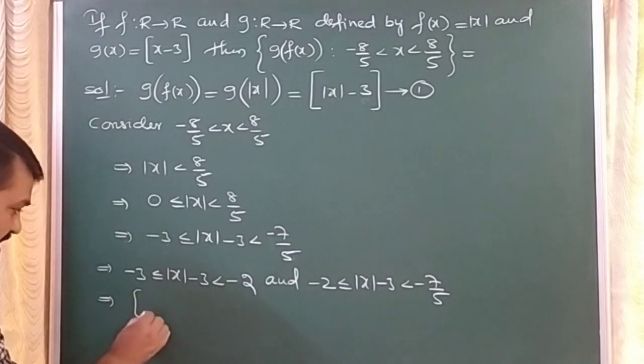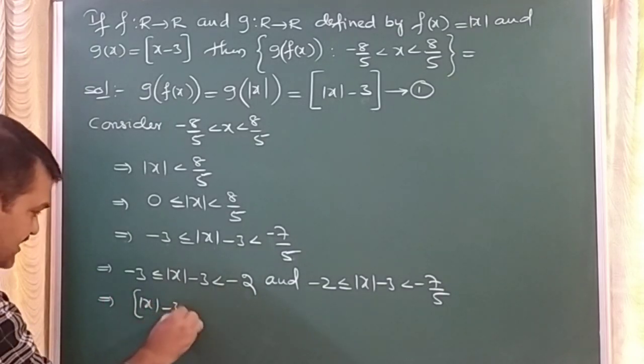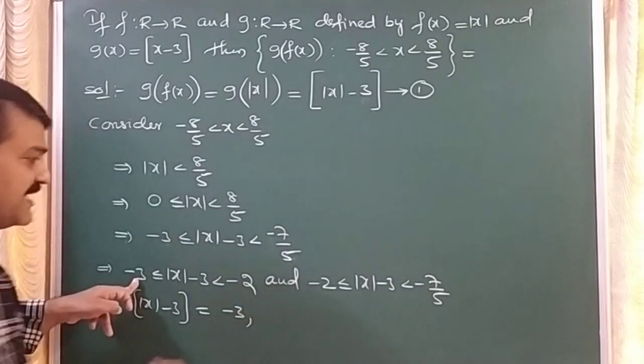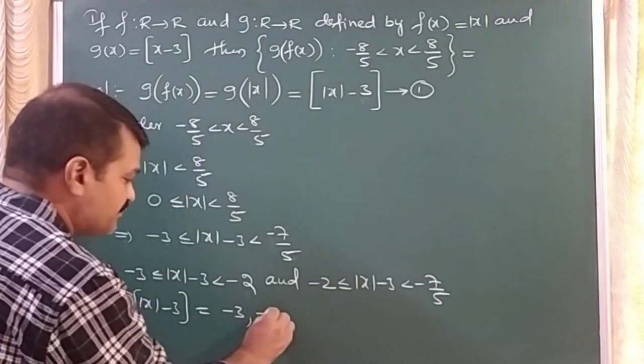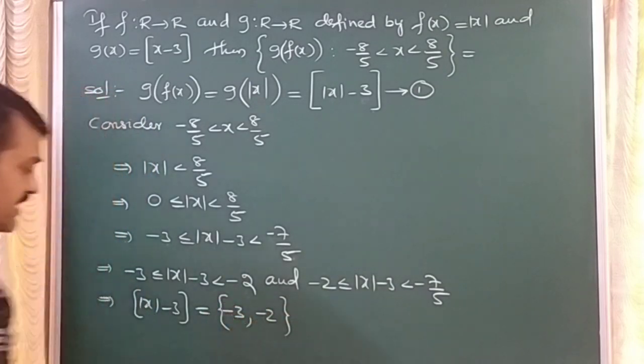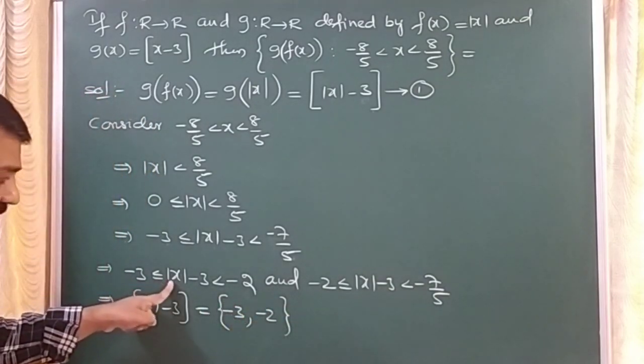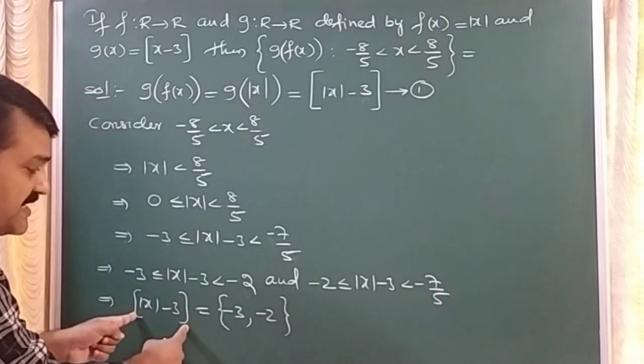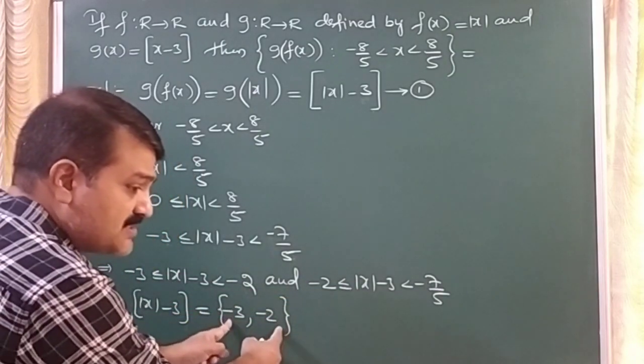Okay, so here the step of mod x minus 3, in this interval it is minus 3, and in this interval it is minus 2. So the step of mod x minus 3 means these two numbers are possible.